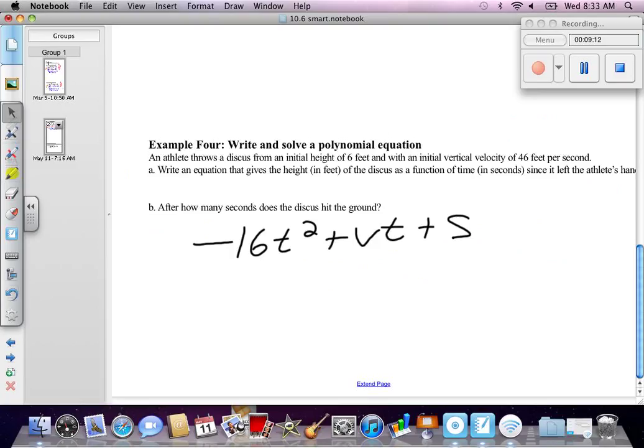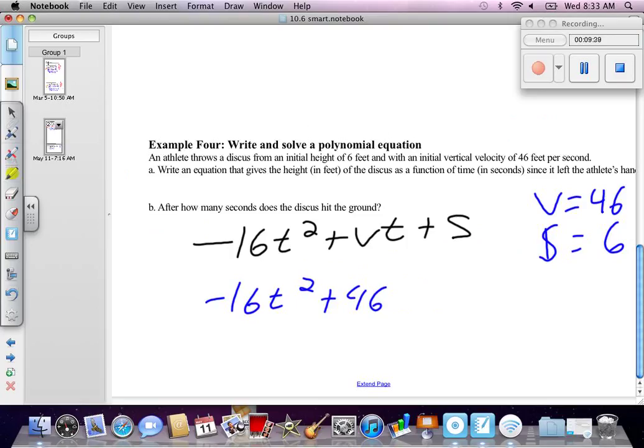In this case, it says your initial velocity is 46. Initial velocity is always v. And it says my initial height, which is s, is 6. All we're going to do is plug this in. Negative 16t squared plus 46t plus 6, not s.